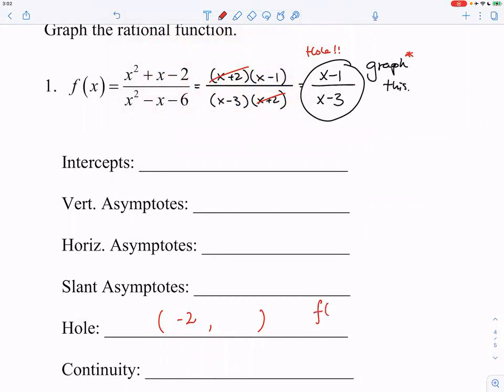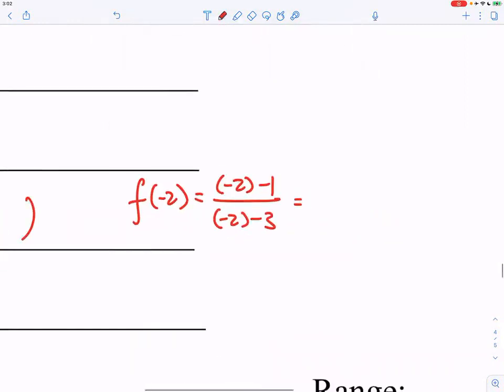So since we're talking about the hole, the hole is going to be f of -2. And we can put the -2 into the simplified expression so that we will know the y value of the hole.